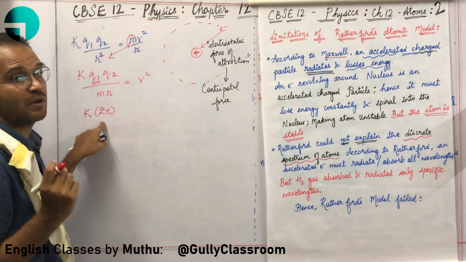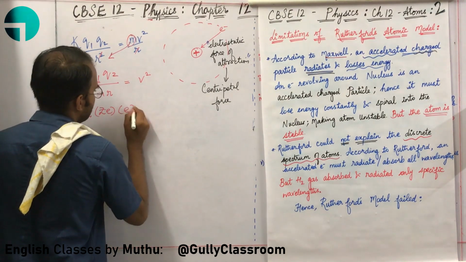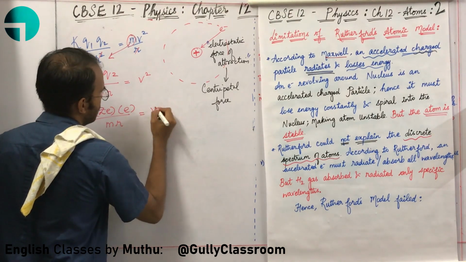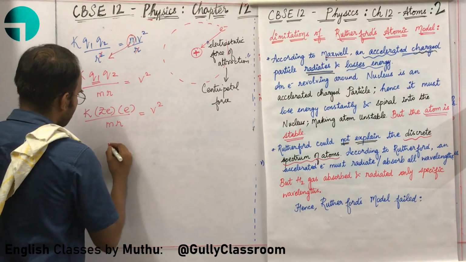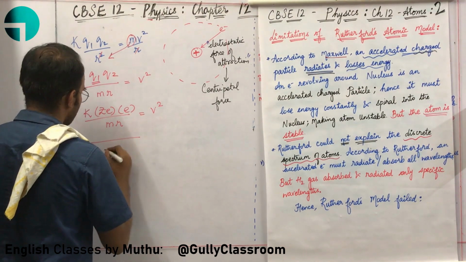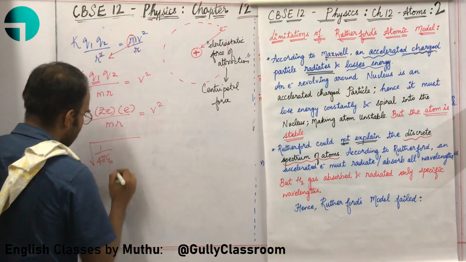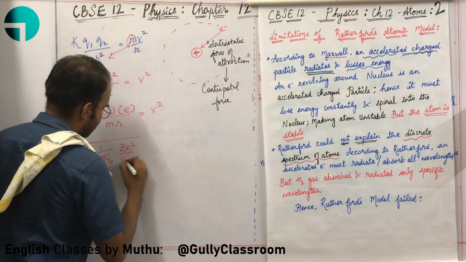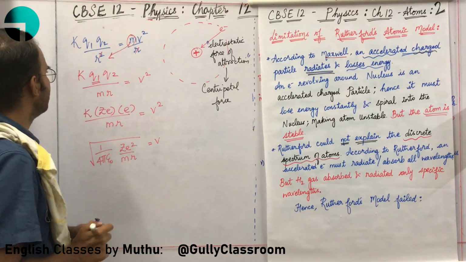Z is the total number of protons, given by the atomic number. e is the charge of the protons, into another e which represents electrons, divided by m r, which is equal to V square. Here again I am going to take root on both sides. What is the value of K? 1 by 4 pi epsilon naught is the value of K. Here I will have Ze square divided by m r, under the root. This is equal to velocity.